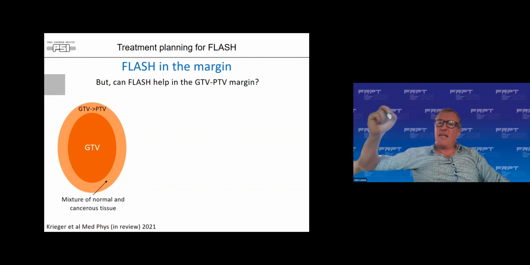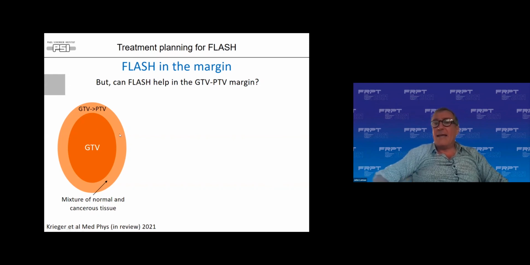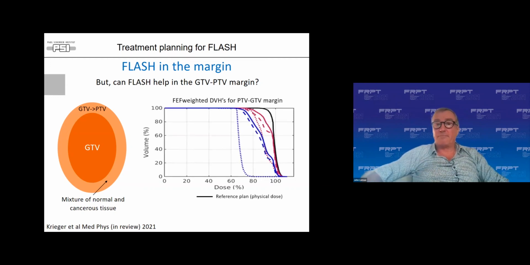Our argument is that this is an area which, by definition, is a mixture of tumor cells and normal cells. If there's a therapeutic ratio of flash, i.e. it's effective on normal tissue but not effective on tumor tissue, then its main benefit could be in this margin, where it's an indistinguishable mixture of tumor and normal cells.